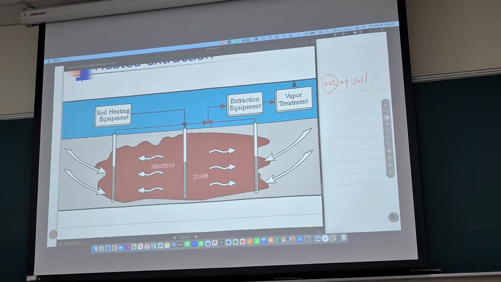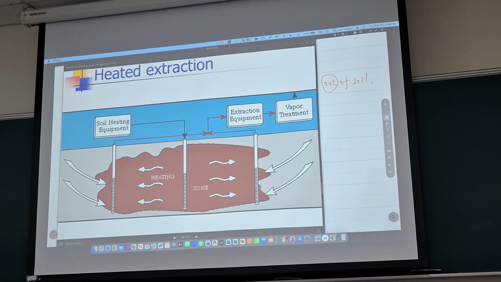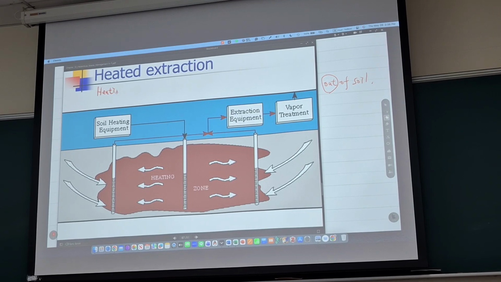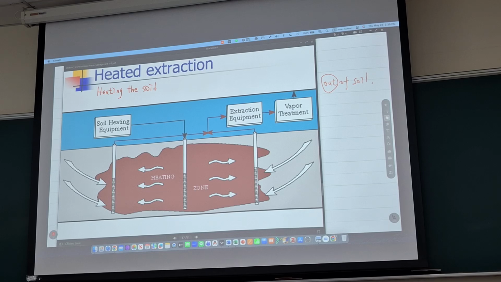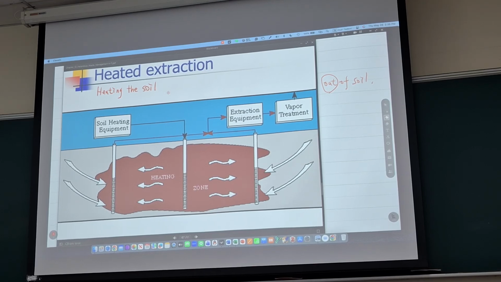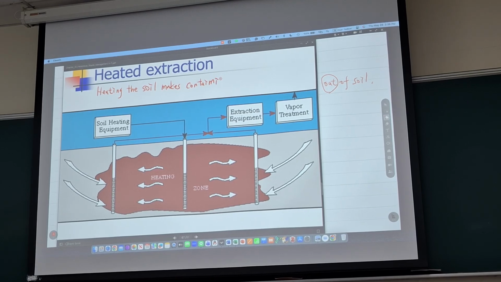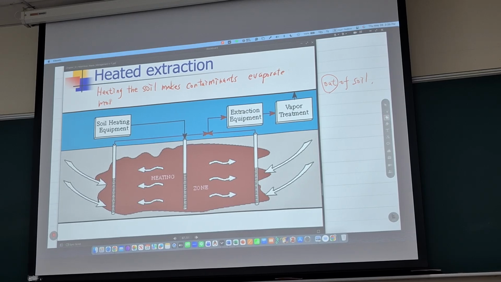How about heat extraction? Heat extraction is very similar. Heat is active. You add heat to heat the soil. Heating the soil makes contaminants evaporate more easily.